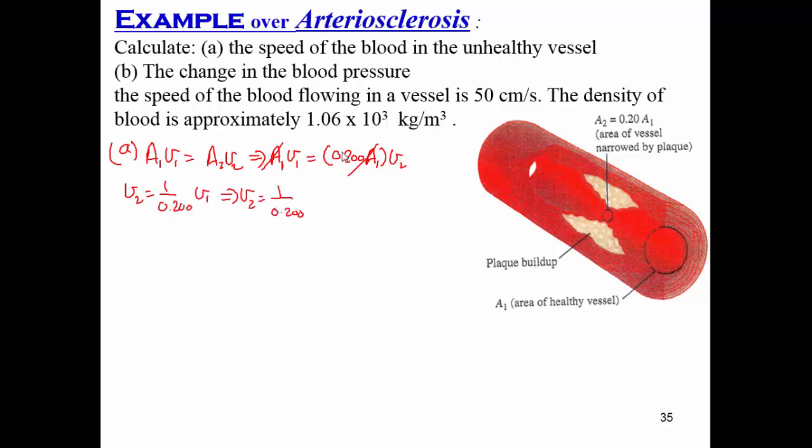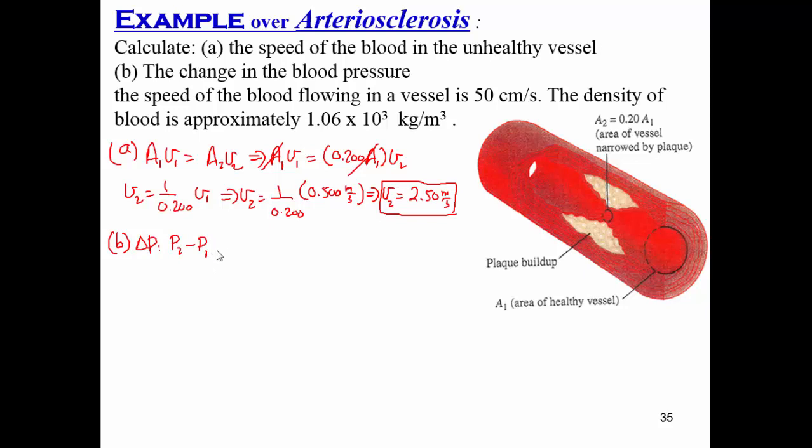Since V1 is 50 centimeters per second, which is 0.5 meters per second, V2 would be 5 times 0.5, because 1 over 1/5 is 5, and this will yield 2.50 meters per second. So as you see here, the blood will increase its speed whenever it enters the low-area vessel. Now in part B, we are asked to find the change in the pressure, delta P. And we know delta P is P2 minus P1.